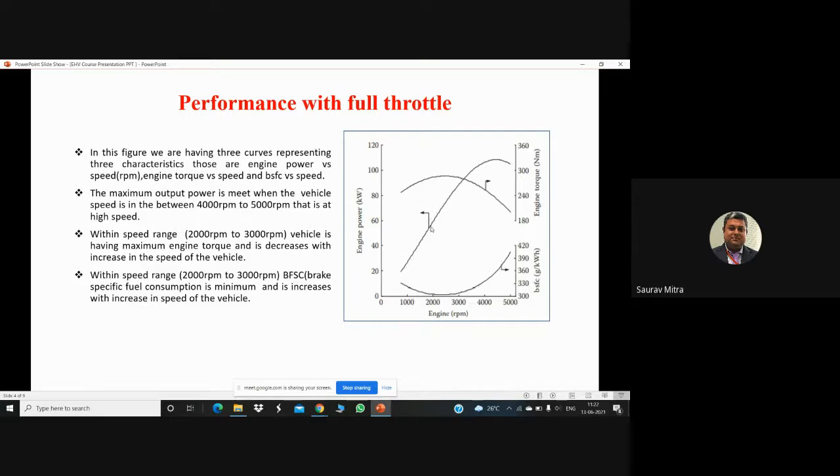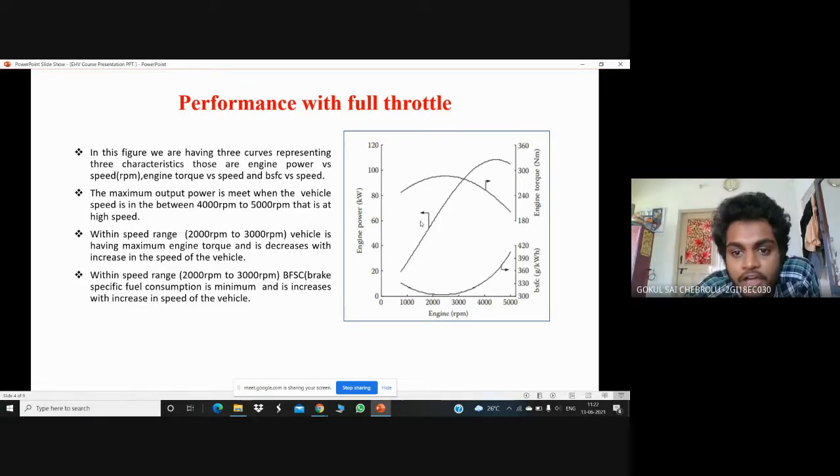For engine power, we use this y-axis. As we increase the speed, the engine power also increases. We get maximum power in the range of 4,000 to 5,000 RPM. And this is the torque characteristics: the y-axis is engine torque and the x-axis is engine speed.